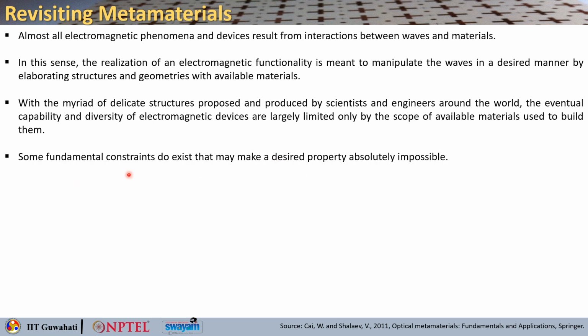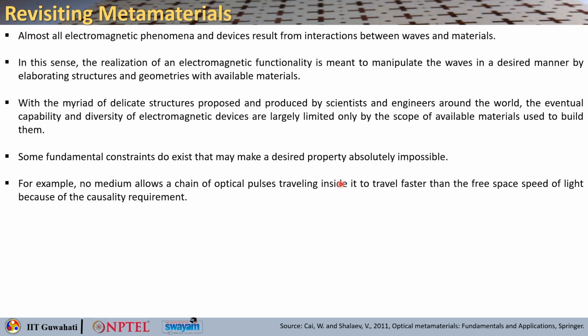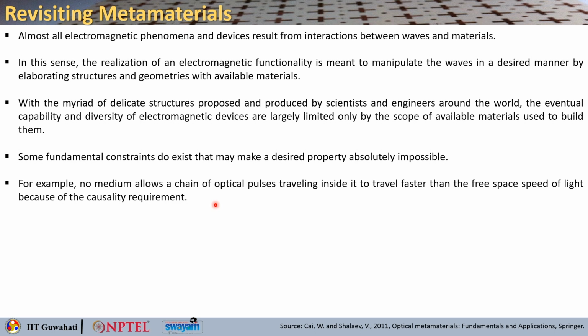So, some fundamental constraints do exist that may make some desired properties absolutely impossible, but more or less, without those extreme features, you can right now achieve a good amount of desired properties using the metamaterial concept, right. So, a few things are not possible, as I mentioned.